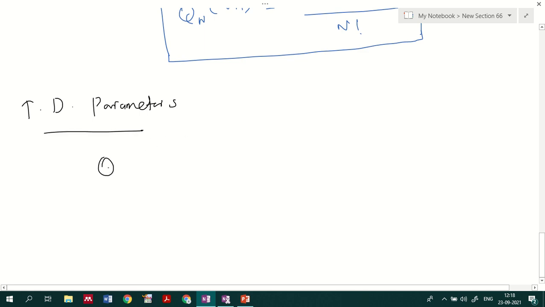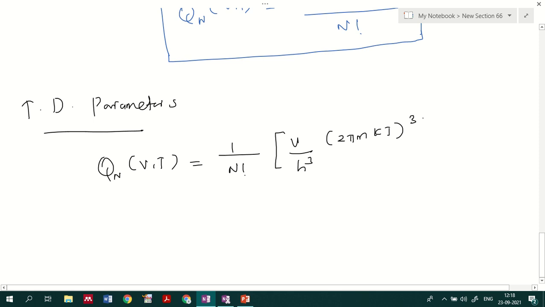Also, what we have is Q_N(V, T) equal to what? It is 1 by N factorial, V by h cube, 2 pi m kT raised to 3 by 2, the whole raised to N. Okay, so this is the representation we'll have. And now for thermodynamic parameters, first we will take into consideration the Helmholtz energy.